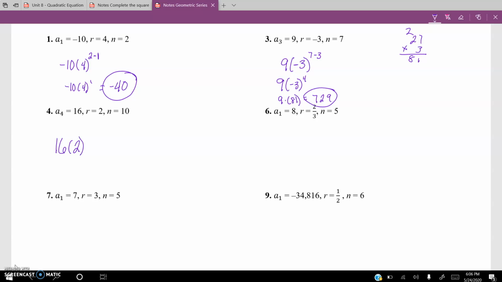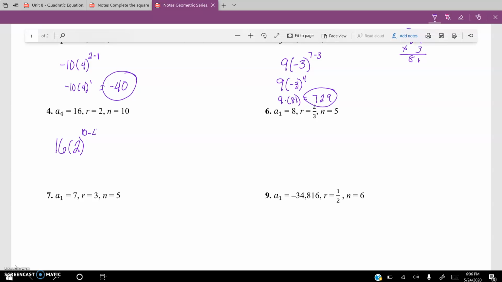I need to multiply it by my 2. And I'm trying to get to the 10th term, but I started at the 4th term. So I have 16 times 2 to the 6th.